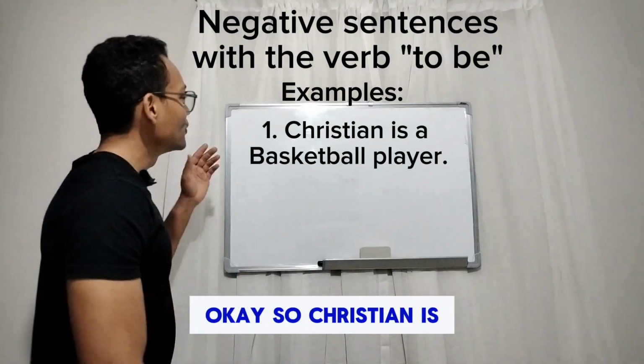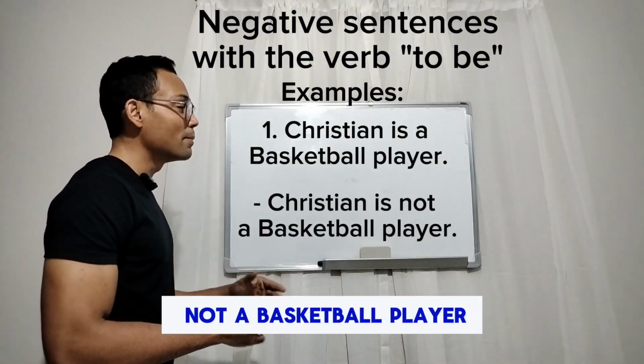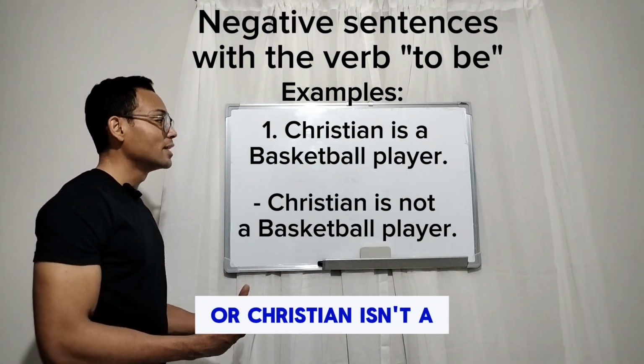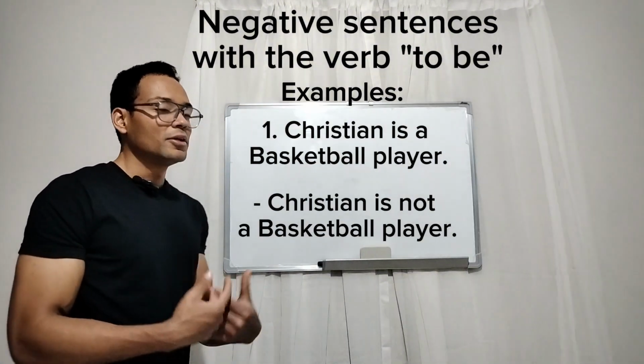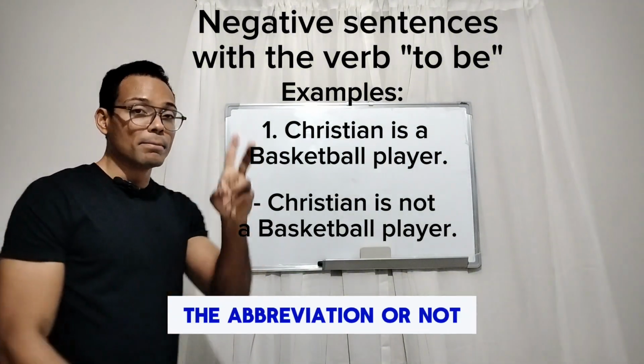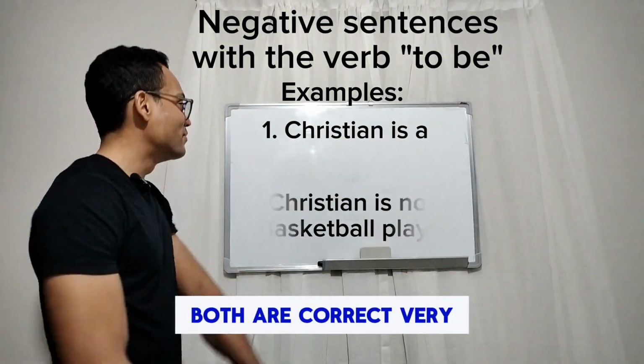Okay, so Christian is not a basketball player or Christian isn't a basketball player. You decide. You can use the contraction, the abbreviation, or not. Both are correct. Very good.